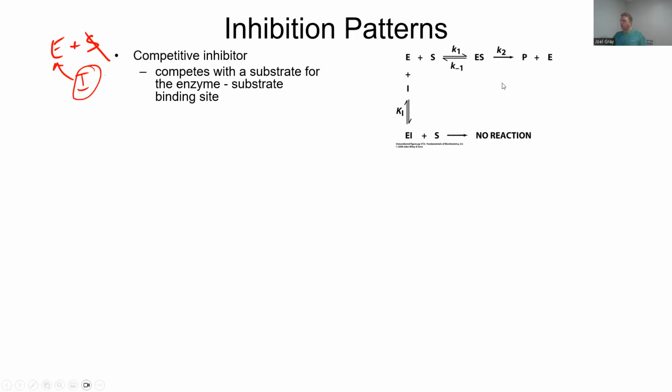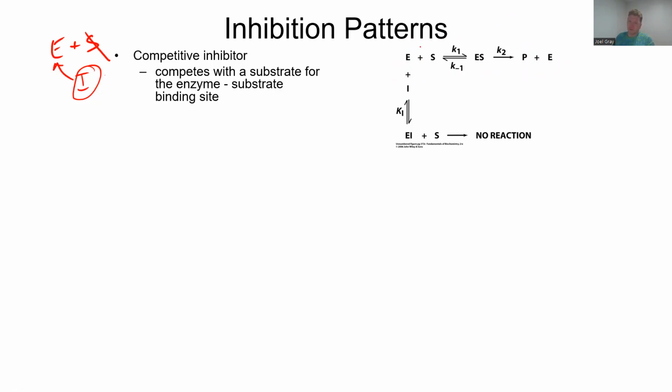Okay, now what we see here, and what I was describing, is basically, if you look at this path right here, this is our desired outcome. The enzyme plus the substrate interact to form the ES complex. The ES complex breaks down into the product and the free enzyme. That is the case in the absence of an inhibitor.